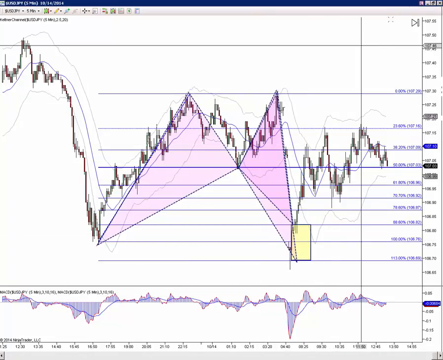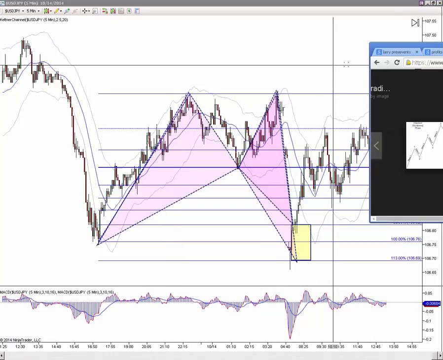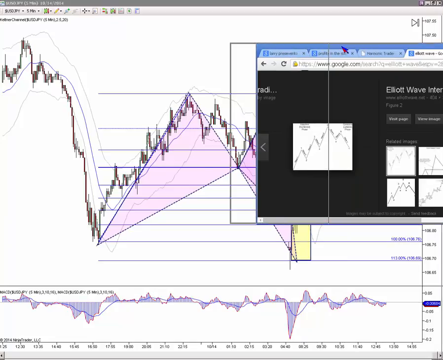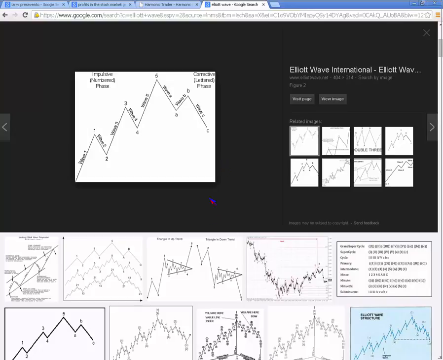So, okay, back to here. The ABCD wave in Elliott is basically, like I said, it turns out to be a harmonic pattern, whether we like it or not.